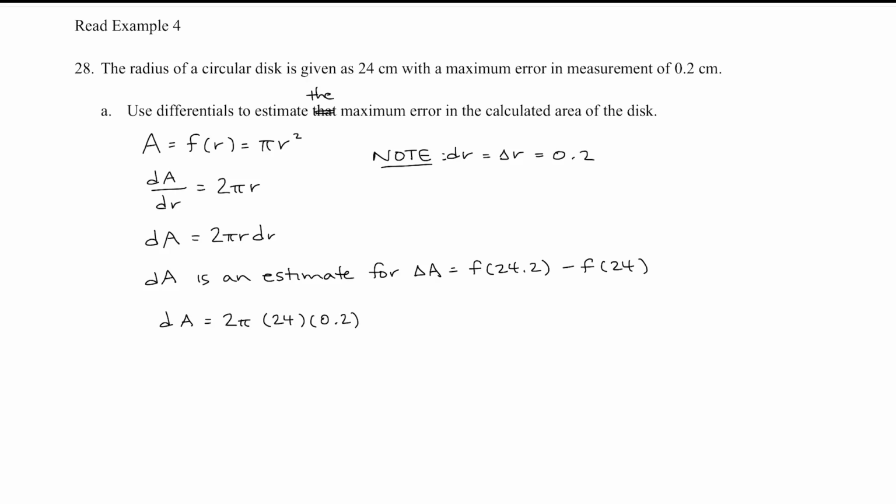I'm going to estimate that with dA, 2 pi times radius of 24 times dr, 0.2, and if you multiply all that together, you should get 9.6 pi square centimeters. Think about why the units are square centimeters, which again, if we don't have a sense of what that is, it's about 30 square centimeters. Okay, so I'm finding a change in area. Each area is measured in square centimeters.